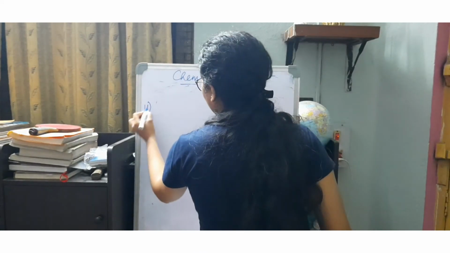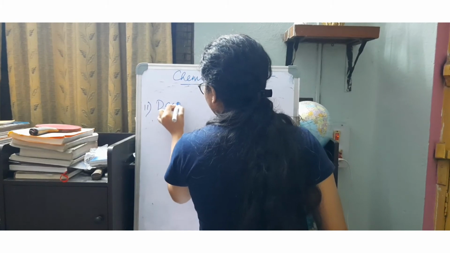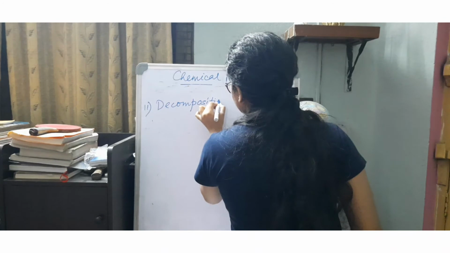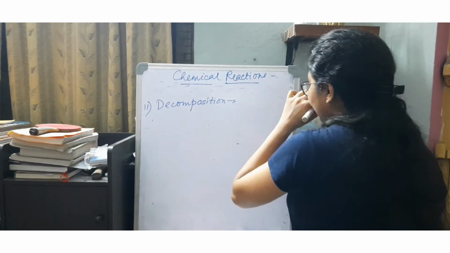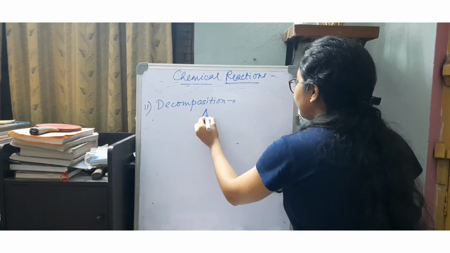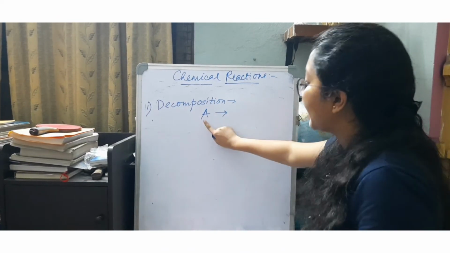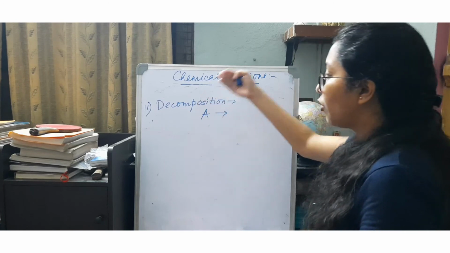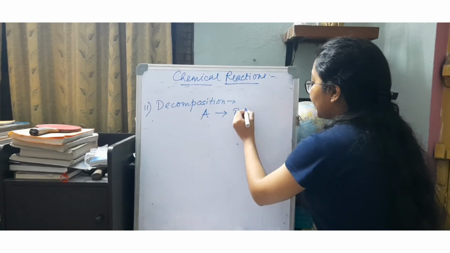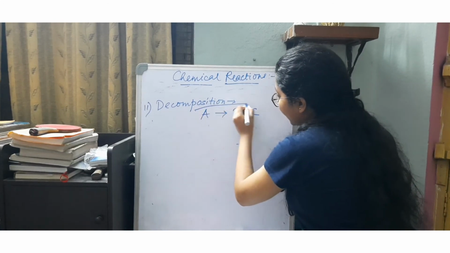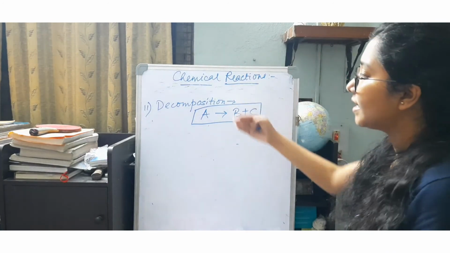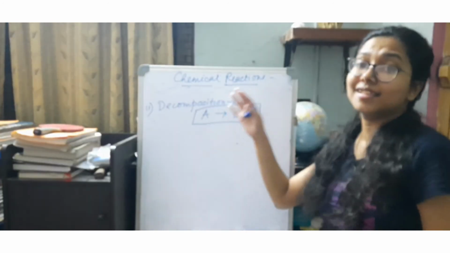So the next type, decomposition, means a particular reactant is decomposing and breaking down into simpler products B plus C. So this is the particular type of decomposition reaction. To understand it better, let us see some examples.